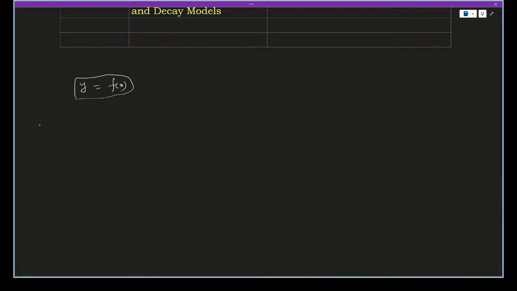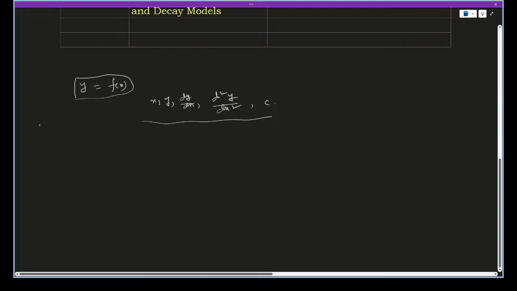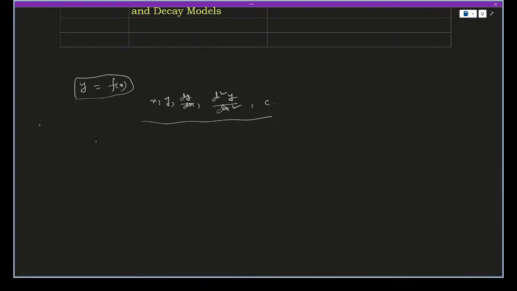So if an equation involves terms like x, y, dy/dx, these are derivatives, d²y/dx², together with their coefficients and some constants, then it is a differential equation. For example, dy/dx = x³ − 2xy, it's a differential equation.